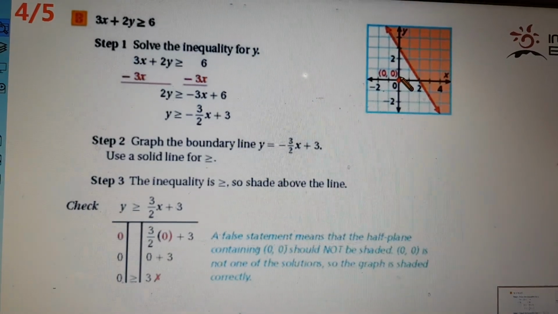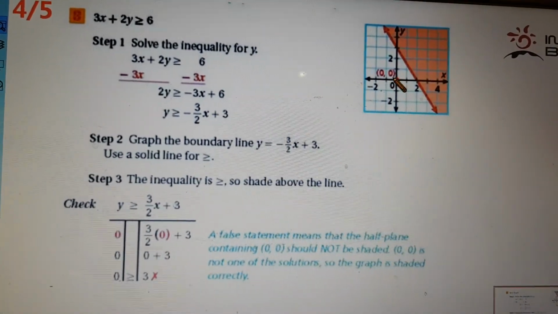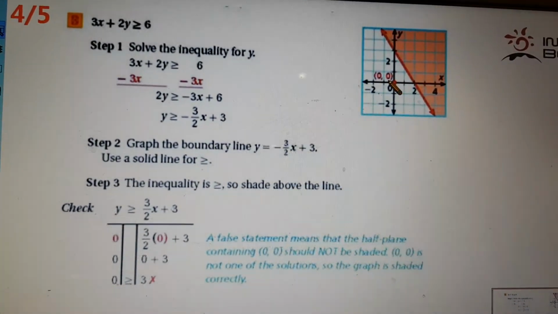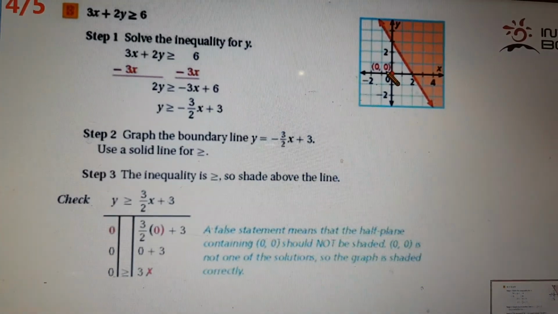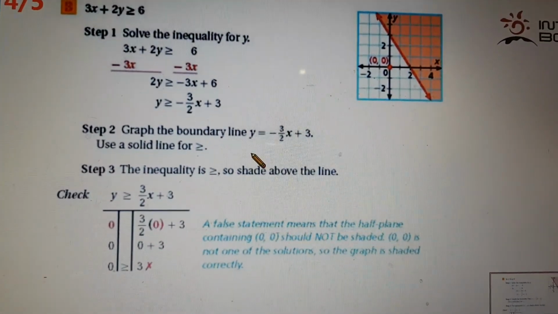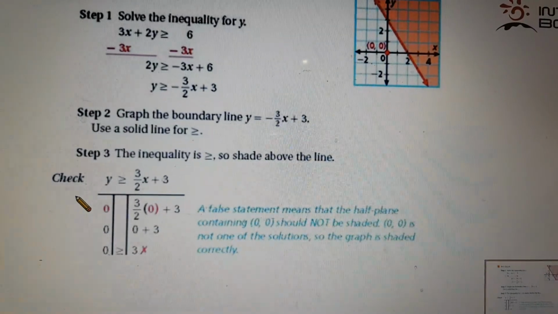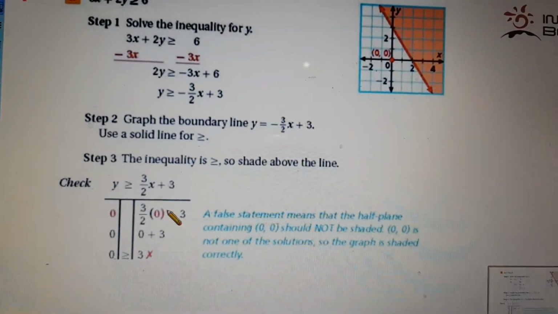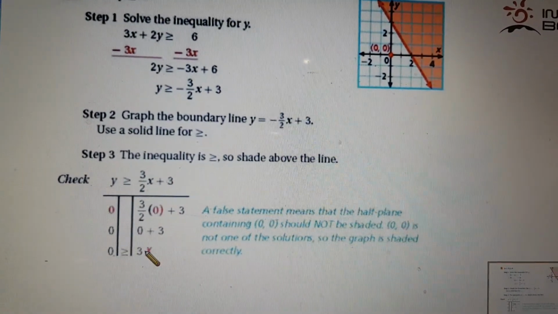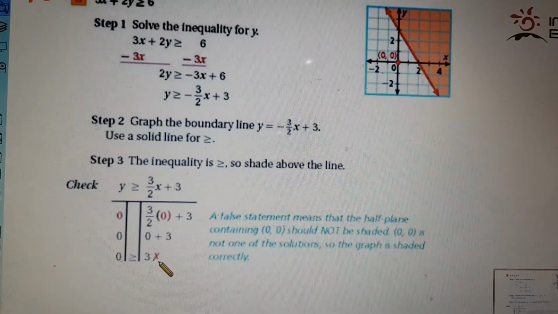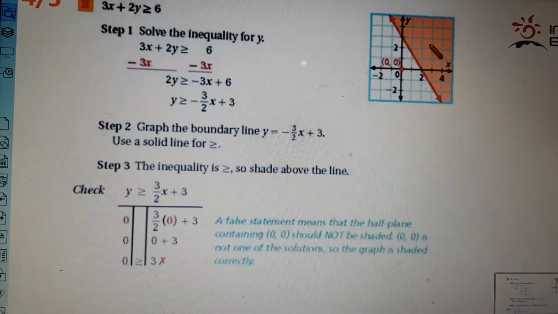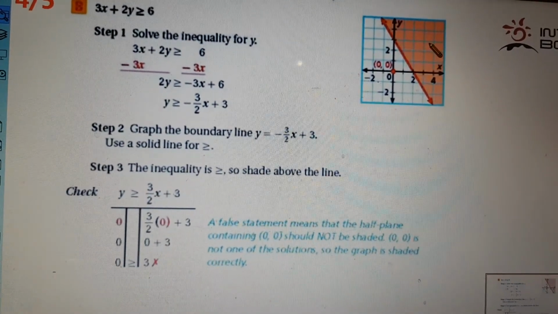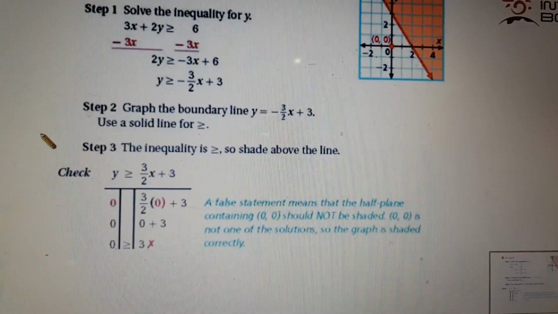If you try 0 and 0, it can't be a solution of your linear inequality. To check, using 0 and 0 gives a wrong statement, so it can't be a solution. If you choose a point from here, it will be right, so it can be a solution.